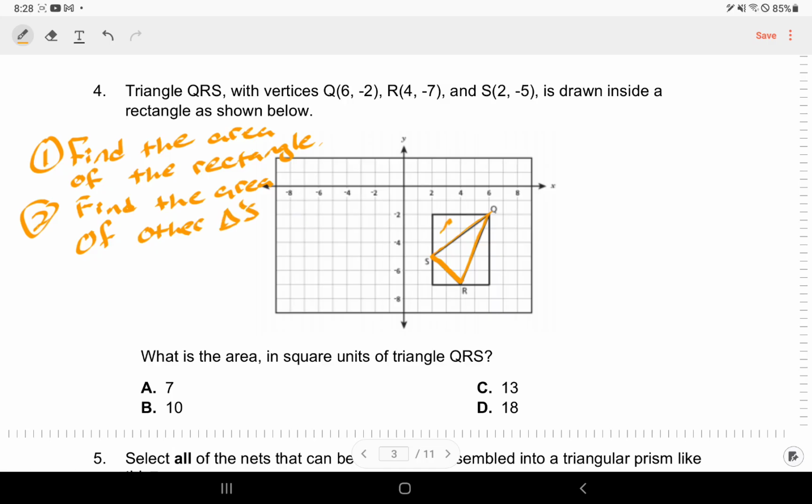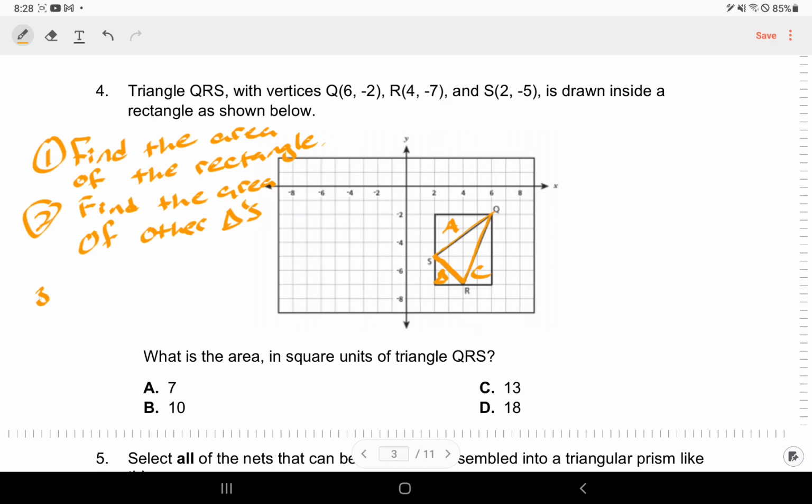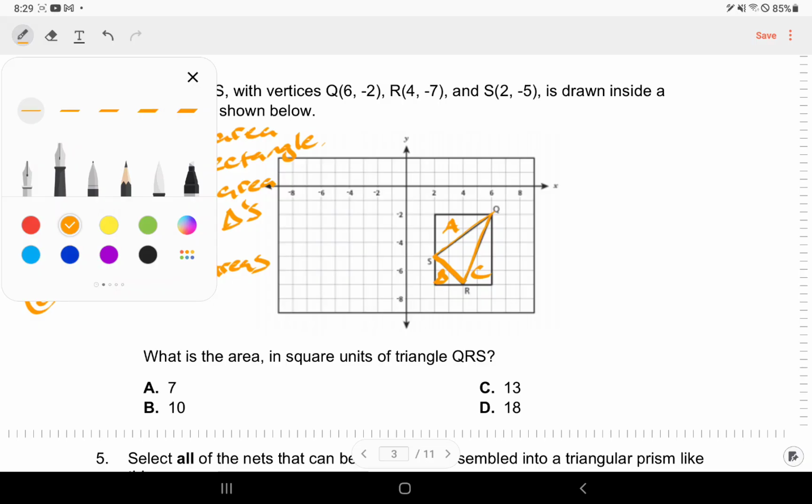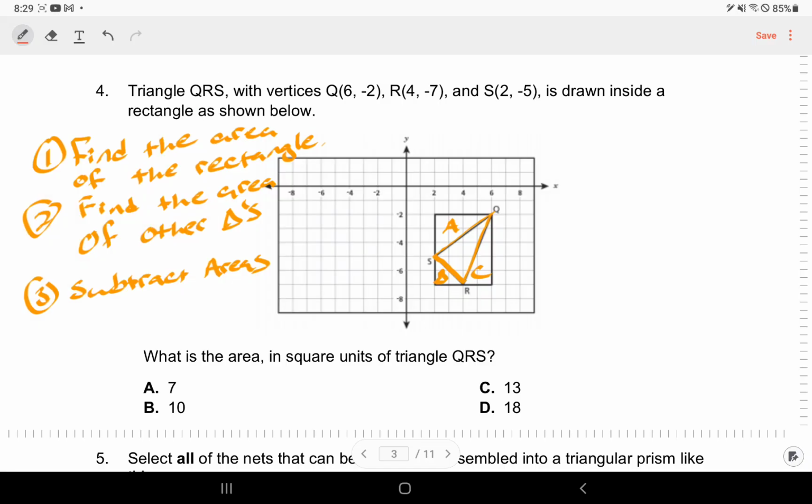So A, B, and C. And 3, subtract areas. So what I'm going to do is I'm going to find and say 1, 2, 3, 4.